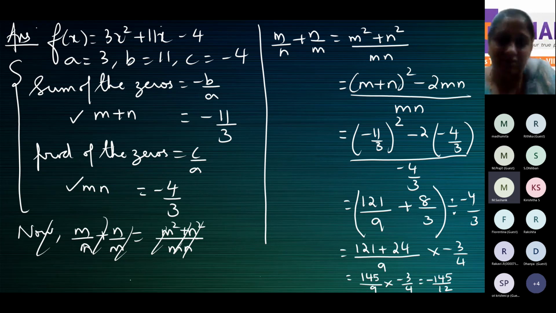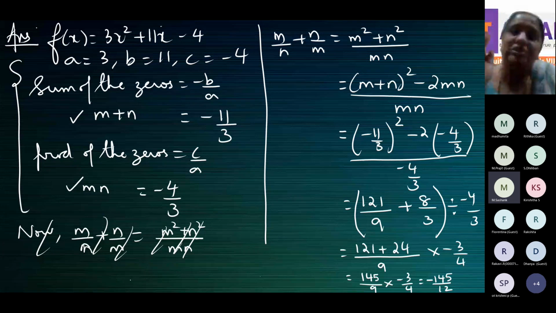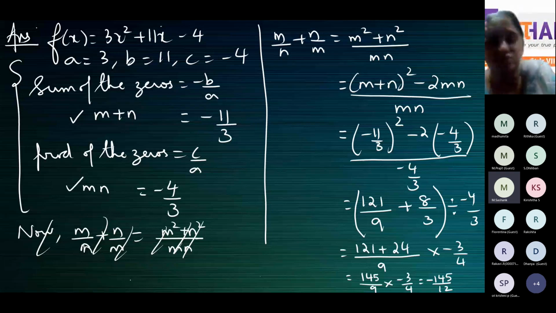Normally, alpha and beta are the zeros. Sometimes different zeros are given. So instead of alpha plus beta, you must write m plus n. Instead of alpha beta, you must write mn, because they are the zeros. Let me know if you finish writing, children. I'll tell you the next method.